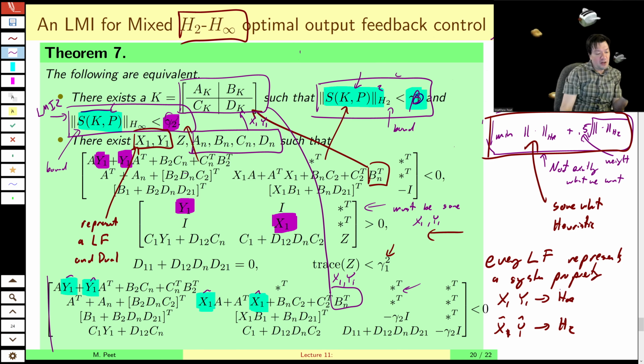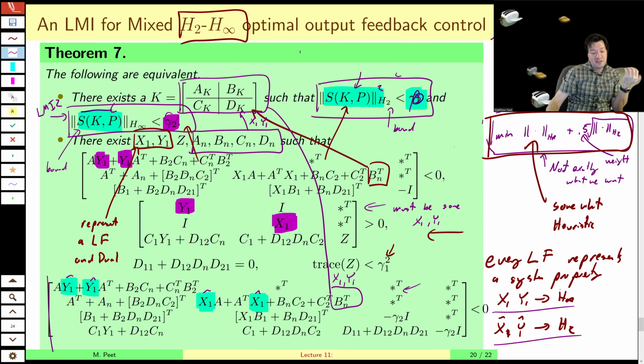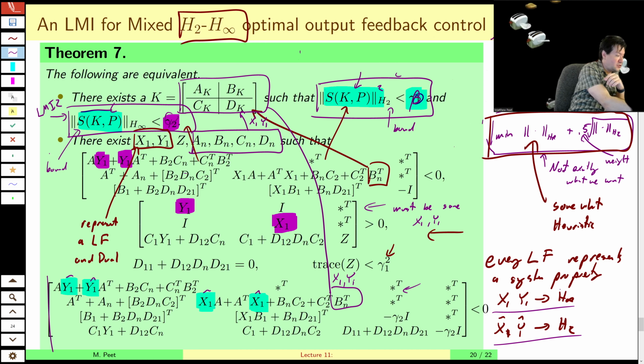When we solve this problem, we're essentially looking for a Liapunov function which gives us system properties for the H2 norm and for the H-infinity norm. And that is asking a lot of your Liapunov function. Okay? So this is a sufficient condition. This is a sufficient LMI, so 2 implies 1, but 1 does not imply 2.